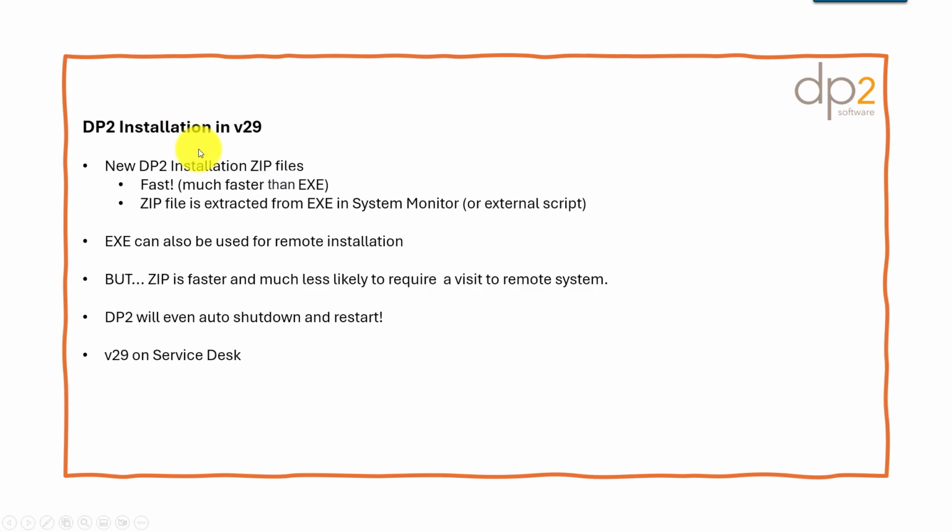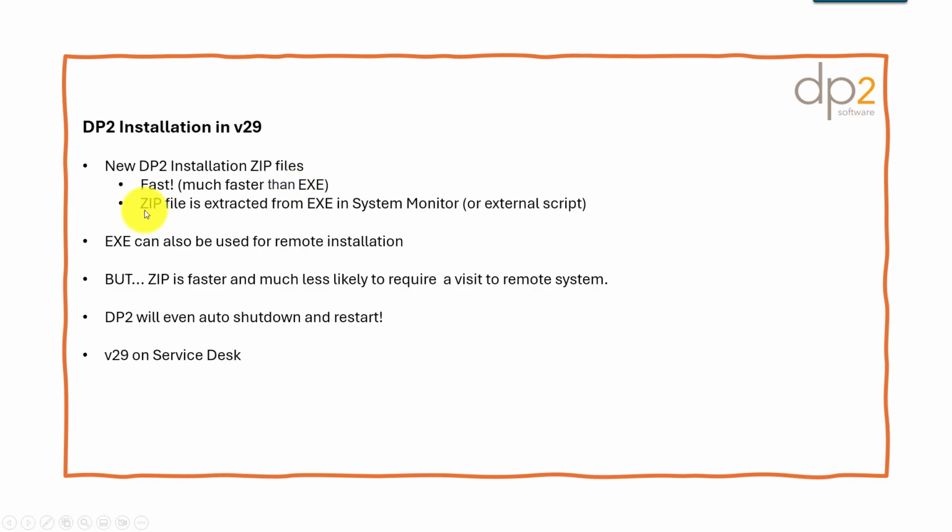Couple of things for version 29 here. I'm going to show you the service desk page with version 29 and all of these options. But just for a quick overview, a really nice new piece in version 29 is that you can perform your remote installations from a zip file. And the result of that is a much faster installation, much faster than the traditional EXE installation.